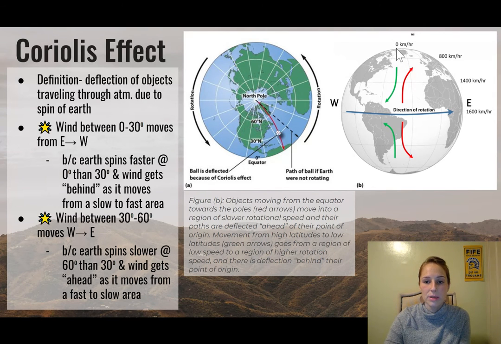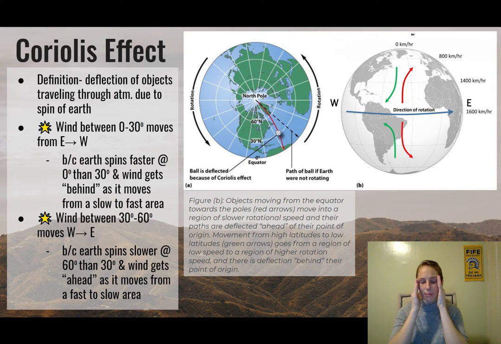Now, these green ones, if we're moving from areas of high latitudes to low latitudes, you're going from a region of low speed to a region of higher rotation speed. So therefore, there's a deflection behind the point of origin. Now, if you look at the southern hemisphere, it's going to follow this same principle, but it will move the opposite way.